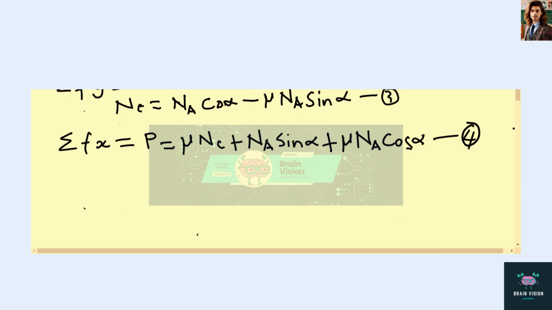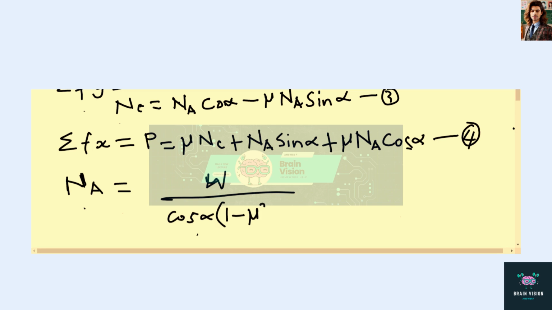If we do that, we are going to arrive at NA, the normal reaction at A, to be equal to W, as the weight there, over cos alpha into 1 minus mu squared minus 2 mu sine alpha. Okay, so we'll get that one.